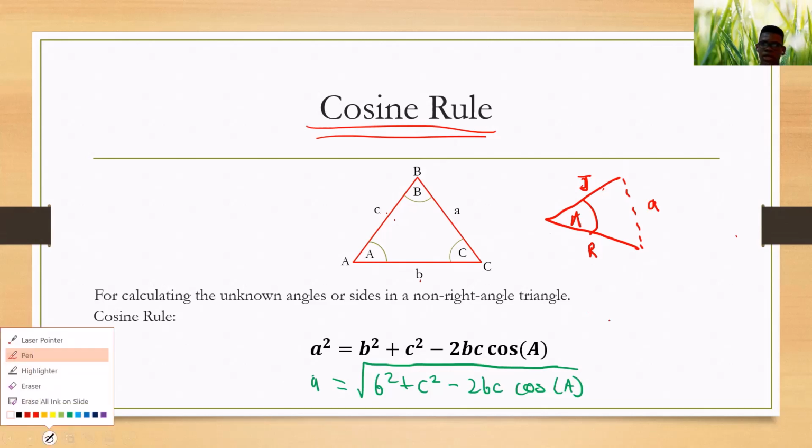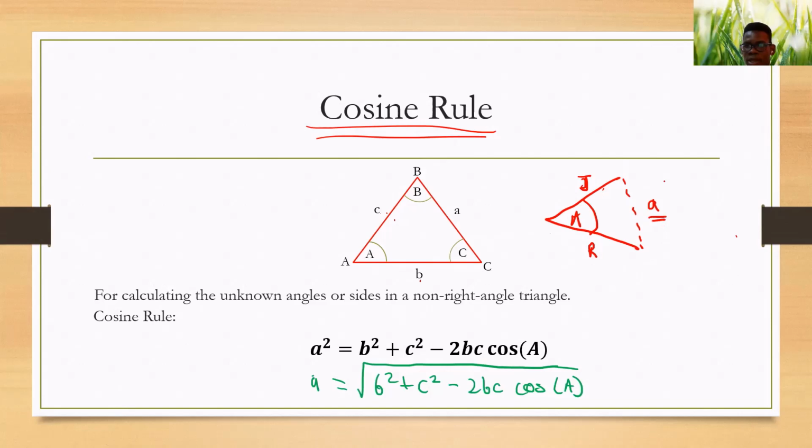What you need to remember is that the length of this side that we want to find, squared, is equal to the square of the length of one side, plus the square of the length of the other side, minus 2 times the two sides multiplied together. All the information we're using is on this V.